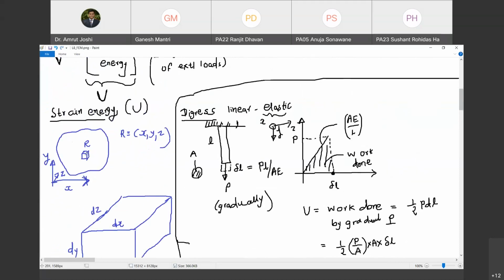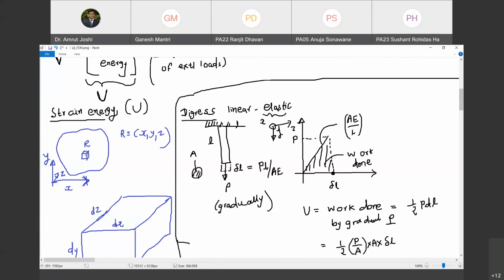At point r, the second condition on dx, dy, dz: over the entire dx, dy, and dz, I should be able to assume a constant value of u, v, and w, which are x, y, and z directional deformations. So how small should dx, dy, dz be? They should be so small that the value of the stress tensor remains the same everywhere in dx, dy, dz. That is the first observation.